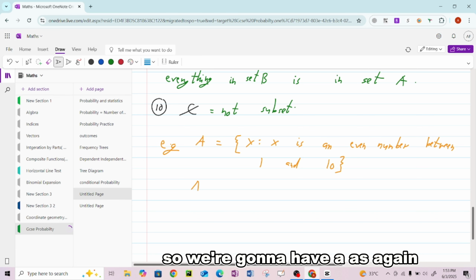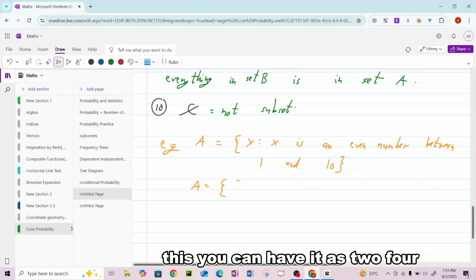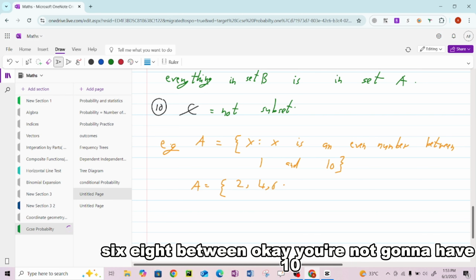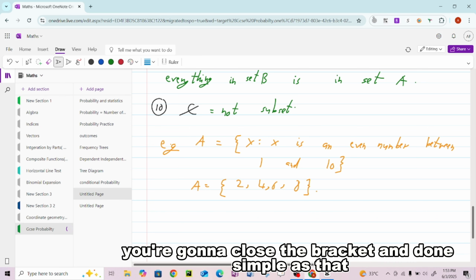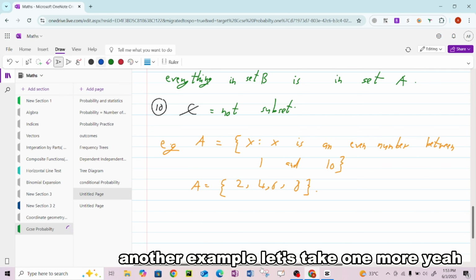So we're going to have A as 2, 4, 6, 8. You're not going to have 10, so you're going to have 2, 4, 6, 8. You close the bracket and done. Simple as that.